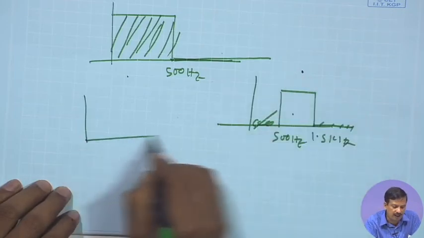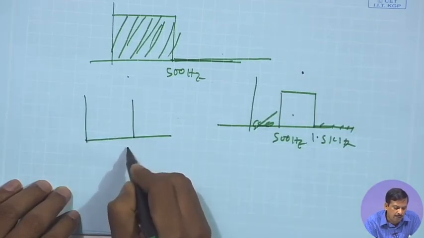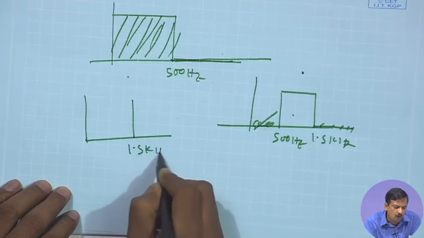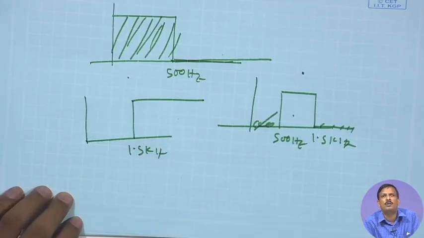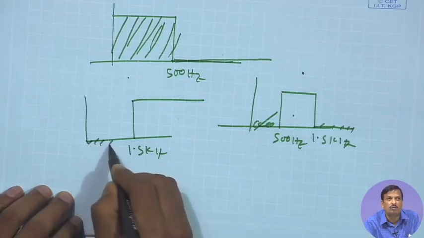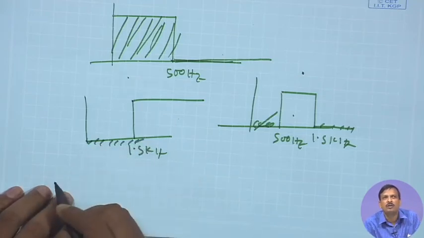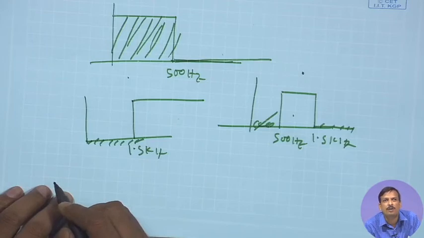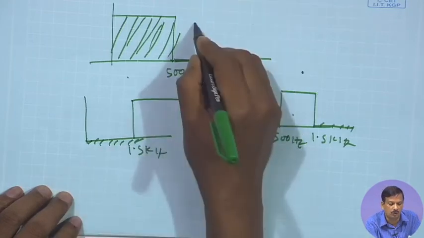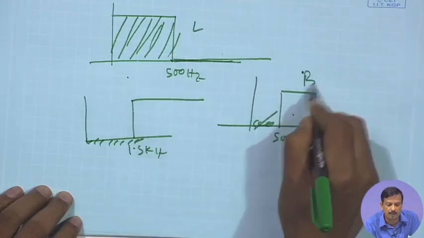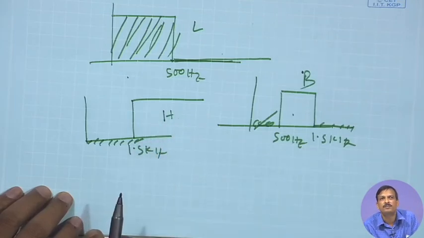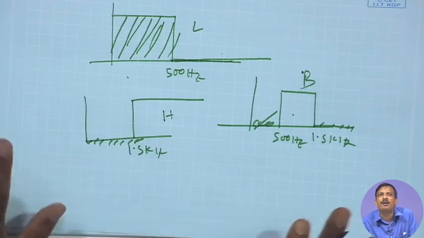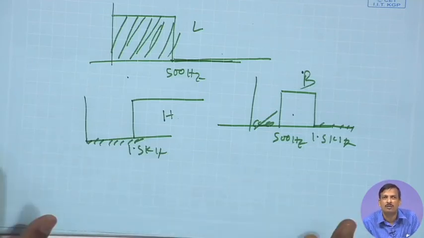Or I may want a filter where after 1.5 kilohertz all frequencies pass, and below 1.5 kilohertz none of the frequencies should be there. That should be 0, and that is called a high pass filter. So, it is low pass filter, band pass filter, high pass filter. That is the ideal filter frequency response I want.